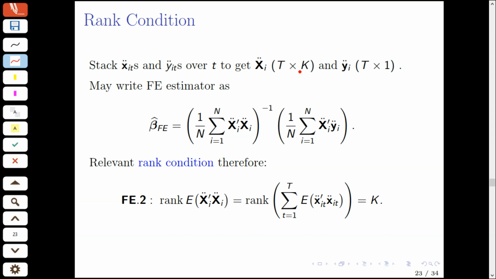With this notation, we may write the fixed effect estimator in a format which looks more like the cross-sectional version of the OLS estimator. That is, we've written it as the inverse of the average of the within transformed regressor product and the average of the within transformed regressors and within transformed outcomes. Now having multiple outcomes since we've stacked the outcomes over time.